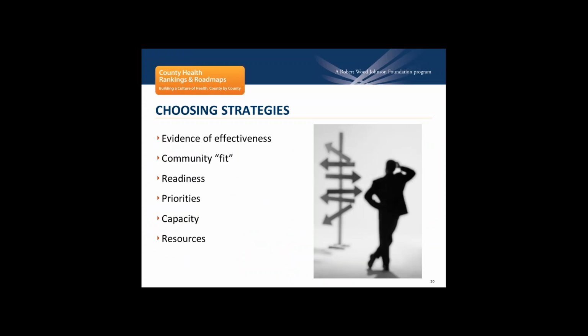It's also important to consider your own unique community and how well that strategy will fit with your community and align with the efforts that are already going on, how ready your community is to adopt that strategy, what your community priorities are, where the greatest areas of need are, what your capacity is for adopting that strategy, and what your resources are. So all of these are important considerations when choosing strategies that will work in your community.